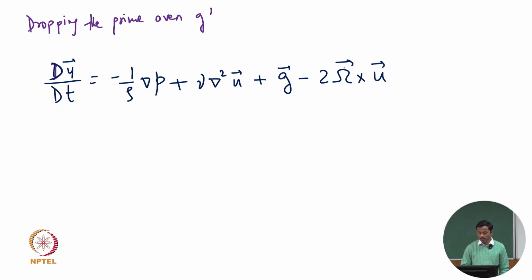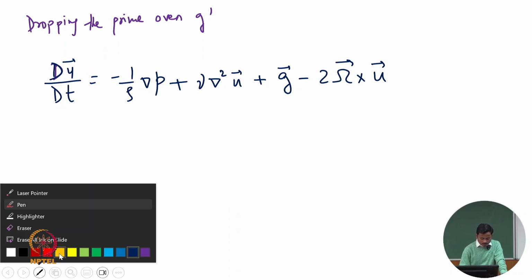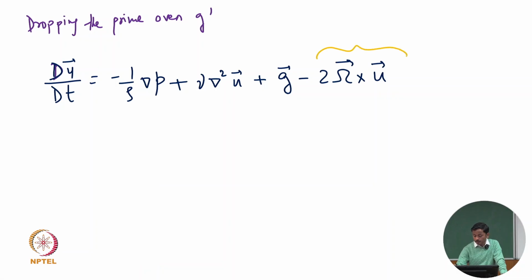There is only the Coriolis term, the Coriolis acceleration, that appears in the last term of the modified momentum equation. This modification is because we want the Newtonian laws to be valid, and hence we have introduced new terms to account for the acceleration of the frame of reference, because our frame of reference is rotating. That is the reason why this new term arises.